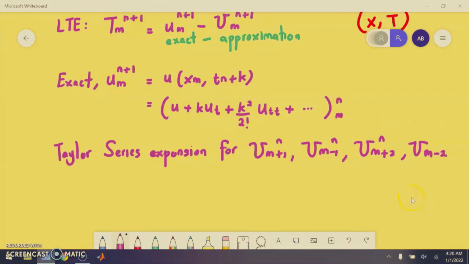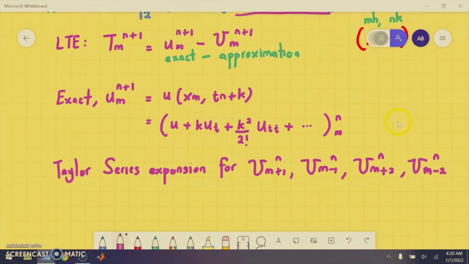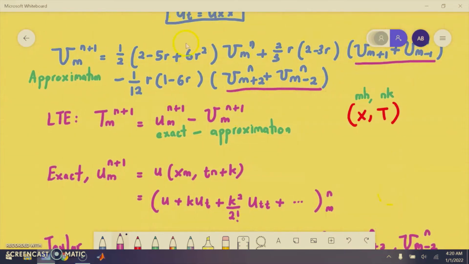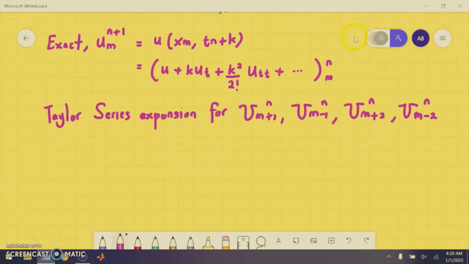Once I've obtained all those Taylor series expansions, then you can substitute into the scheme here. Okay, so let's find it for u_{m+1}^n.